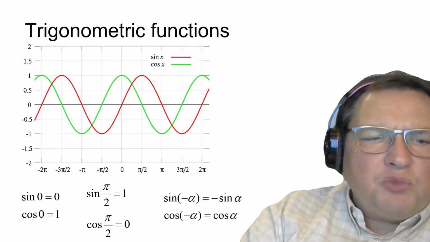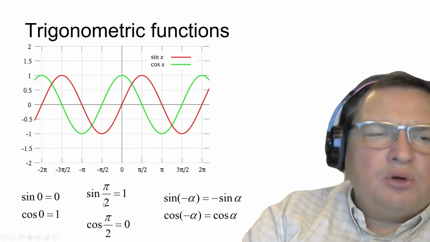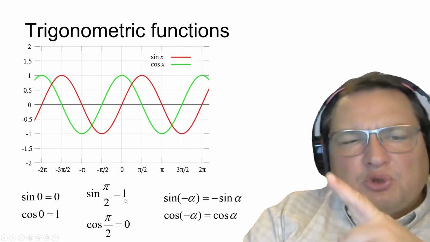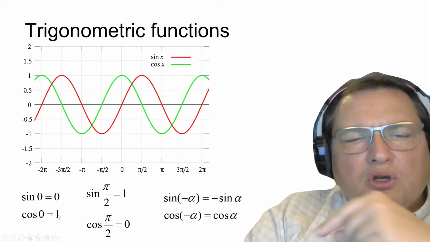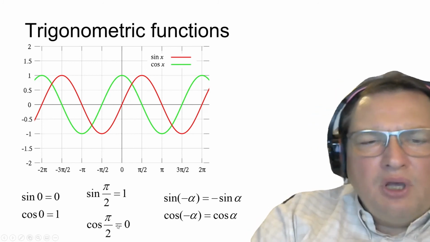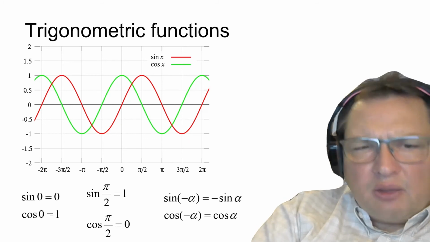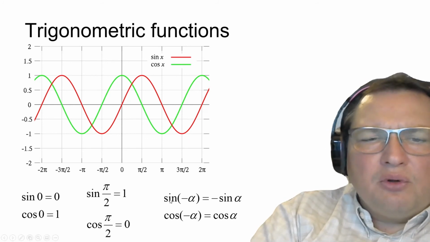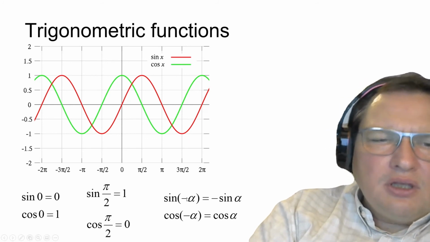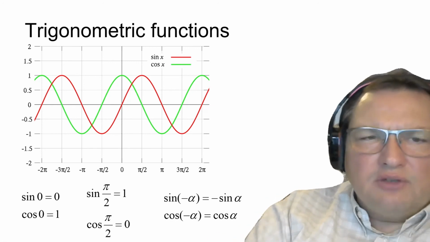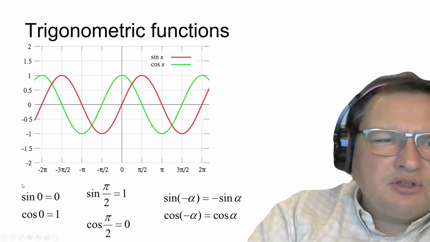Then sine at the right angle from 0 will go up to 1, cosine at the same time will go down to 0. If you look into this diagrams, you can also discover the values for negative alpha, sine and cosine of negative alpha.